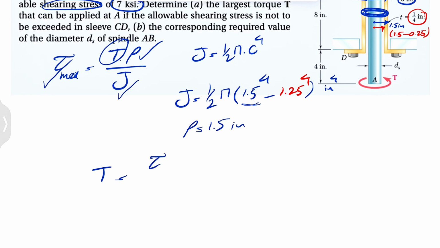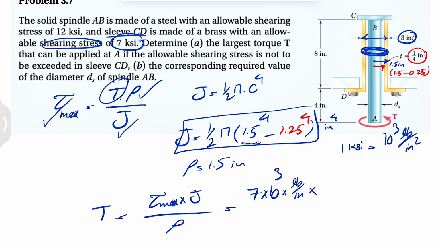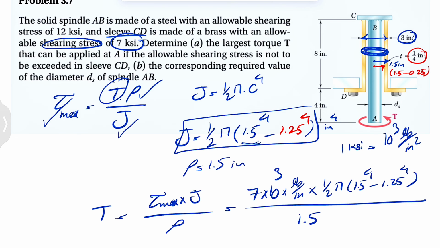So we can find our T, basically shearing stress times J over rho. The shearing stress from the question, as we talked about, is 7 ksi. We know 1 ksi is equal to 1000 pounds per inch squared, so we can multiply by 1000 to get it in pounds per inch squared, and we have our J, which is what we found here: 1/2 of pi times 1.5 to the 4 minus 1.25 to the 4, over our rho, which is 1.5.